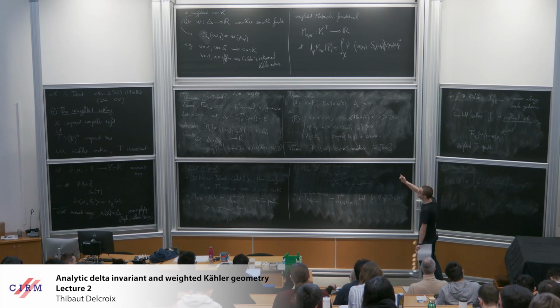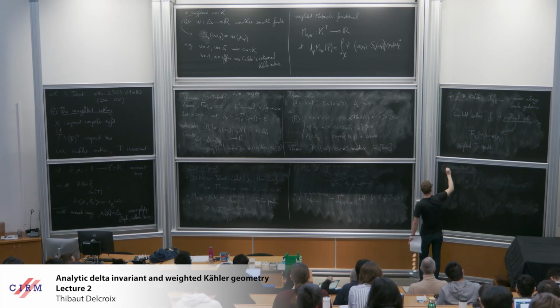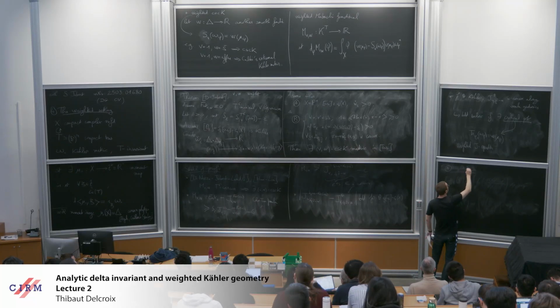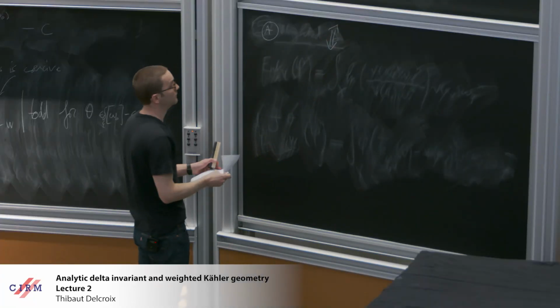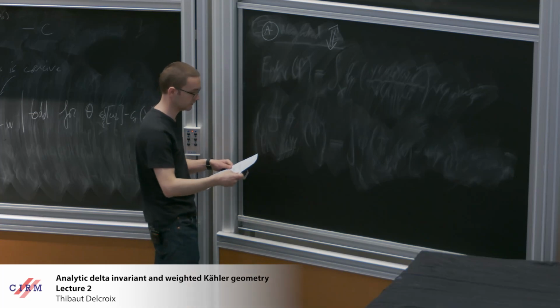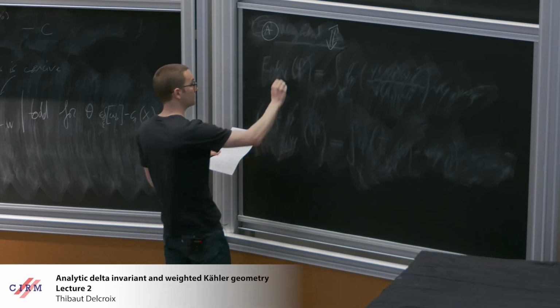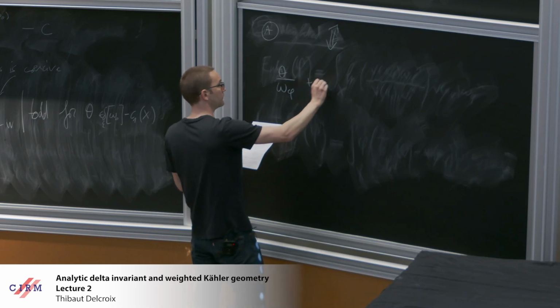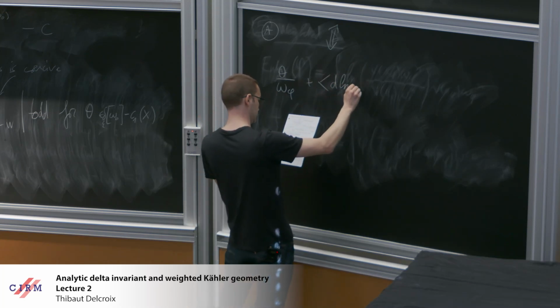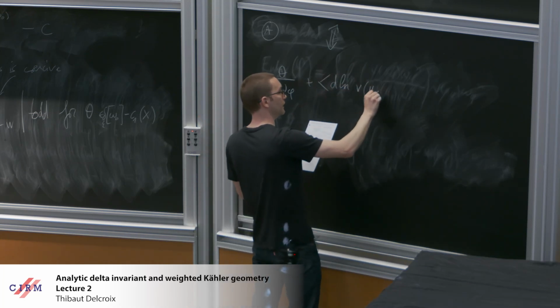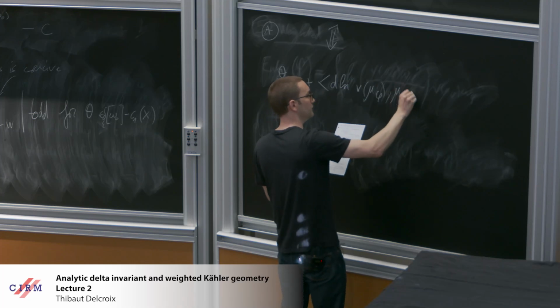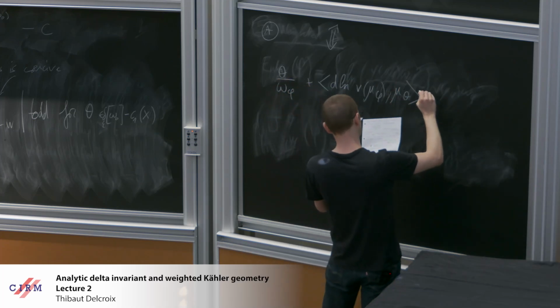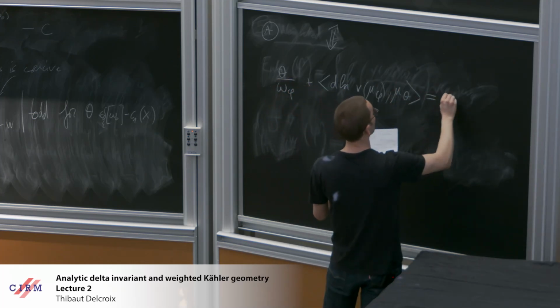But there is an easy case, which is case A. So this equation writes, since I'm in dimension 1, as theta divided by omega phi plus b log v mu phi mu theta equal to W hat.